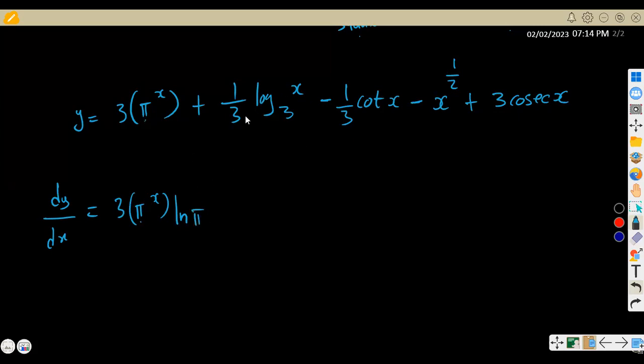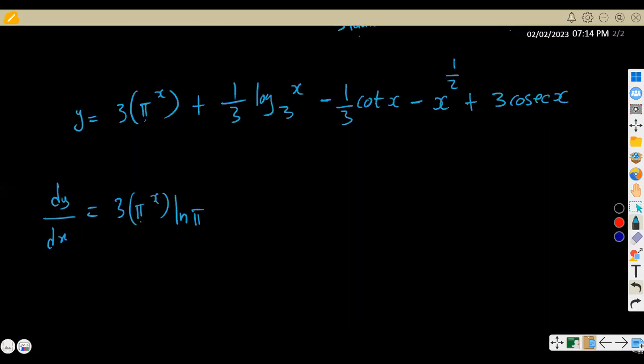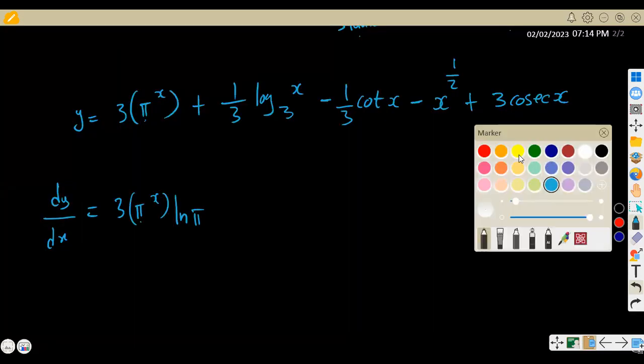Okay, then we've got the derivative of a log. If you check in your formula sheet, we do not have a derivative that has a direct log like this. So let me explain the derivative of a log. What are we supposed to do if we are given a log?